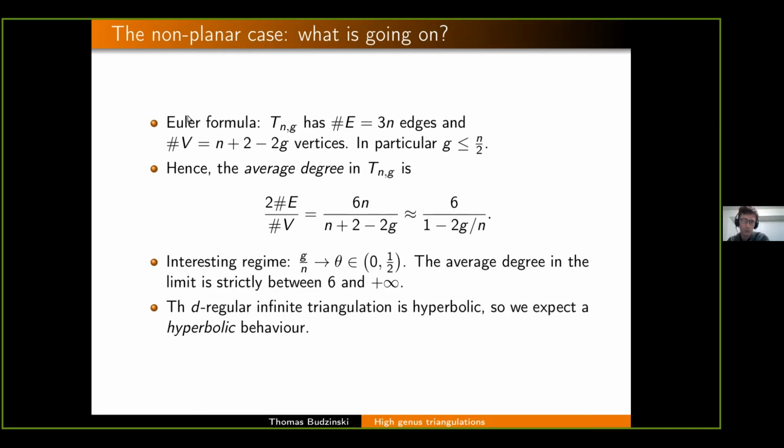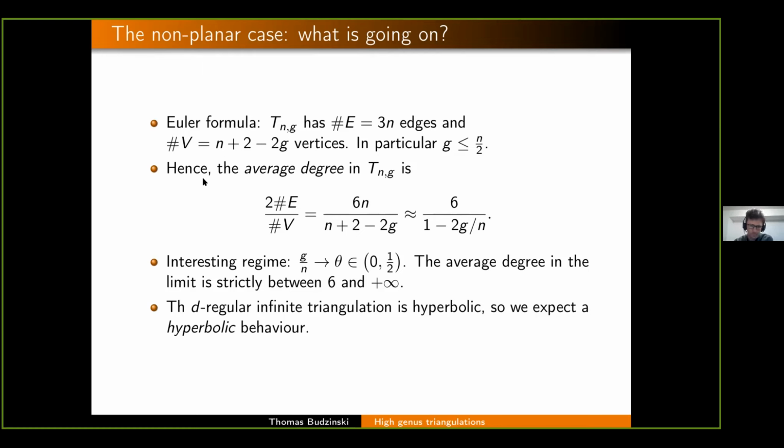And by the Euler formula, we can recover the number of vertices from the size and the genus. The number of vertices turns out to be n + 2 - 2g. In particular, a triangulation can exist only if the genus is at most half of the size. So the genus cannot be arbitrarily large for a fixed size.